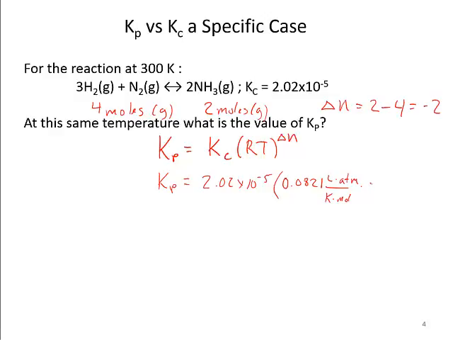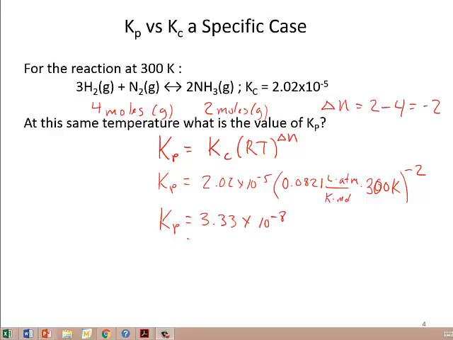And the temperature of this equilibrium we're examining is 300 Kelvin, and this is all to the -2. And so we have to pull out our calculators and do some math. Examining that gives us Kp is 3.33 times 10 to the -8.